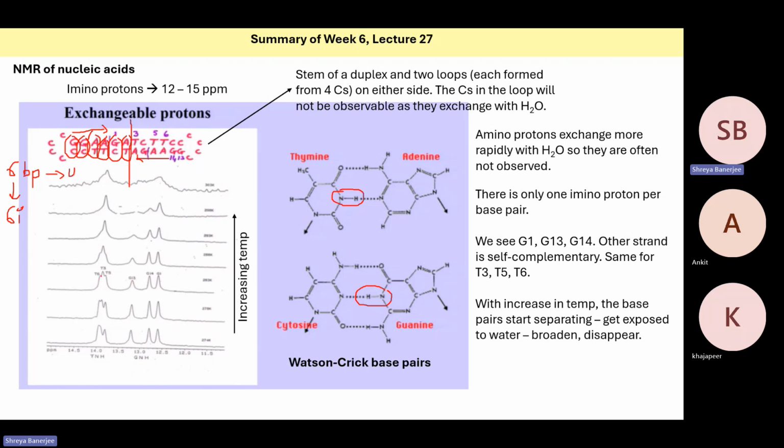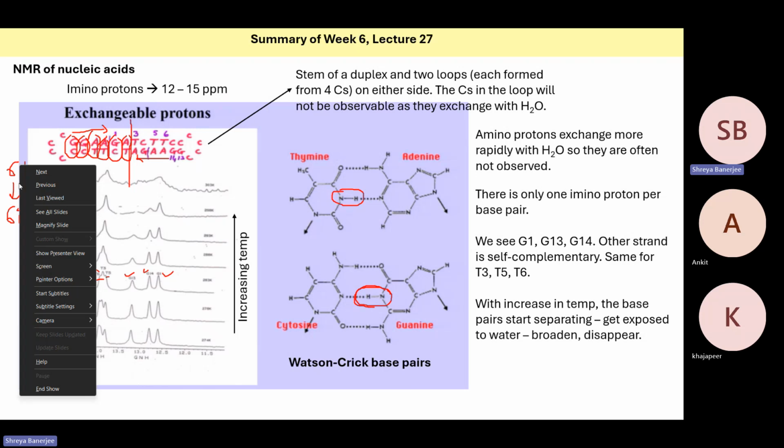Indeed, you can see the peaks have been labeled as G. So these are the G peaks, meaning for the CG base pair. So the CG base pair will have 1 iminoproton due to the guanine. These are the 3 peaks of the CG base pairs. And there are 3 peaks of the AT base pairs. They are written as the T peaks because the iminoproton is on thymine.